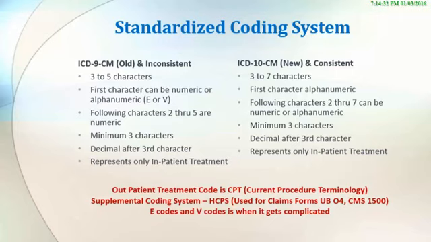So as a BA, if you are given the job of the project to map the characters of fields for these codes, you should be able to know what the characters on those fields will be like. So you have 3 to 5 characters for the ICD-9-CM codes. The first character can be numeric or alphanumeric, followed by characters 2 through 5, and so on and so forth.